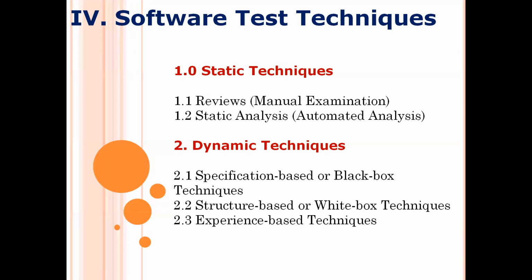Next, we have two categories of techniques: static and dynamic test design techniques. First, static techniques: testing of the software documents, manually or with a set of tools, but without executing the software.